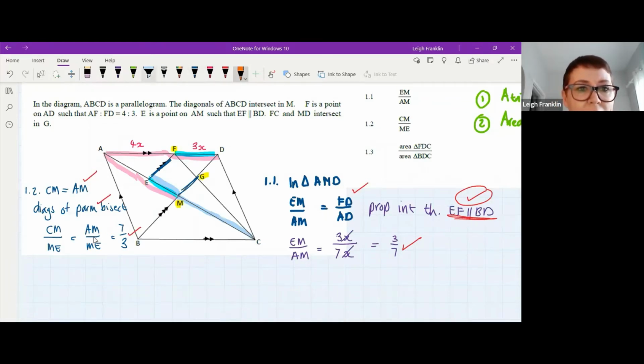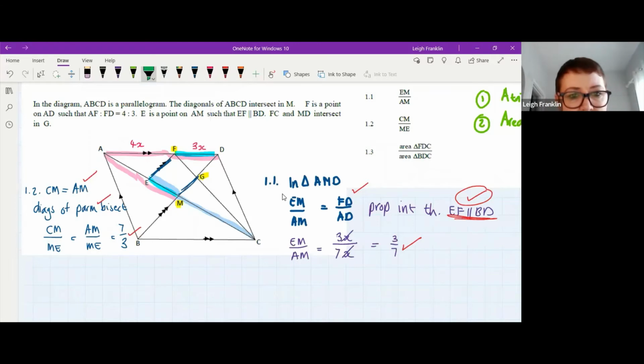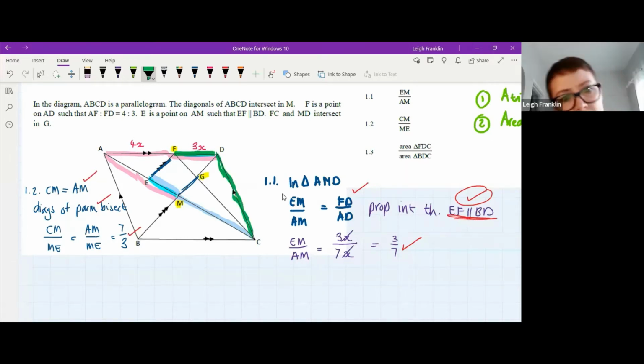Okay, so let's highlight these triangles so that we can see exactly what it is that they're talking about. So triangle FDC, that's this one over here. Sorry, guys. Okay, there's triangle FDC. I've highlighted it in green.